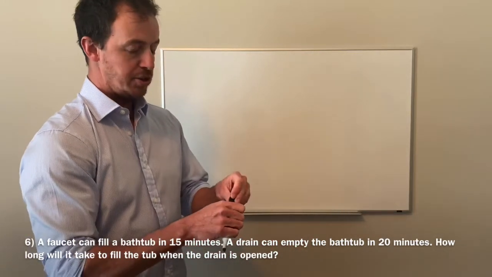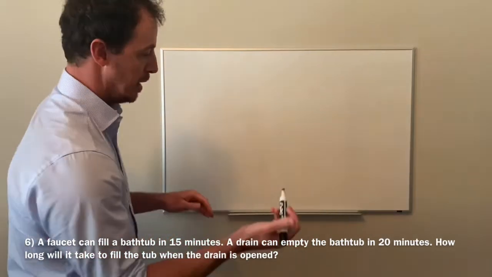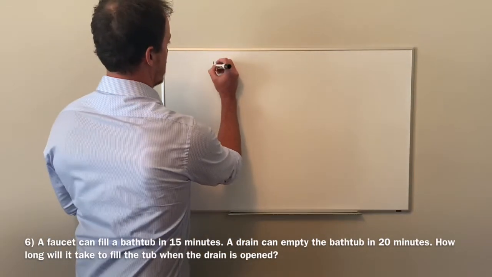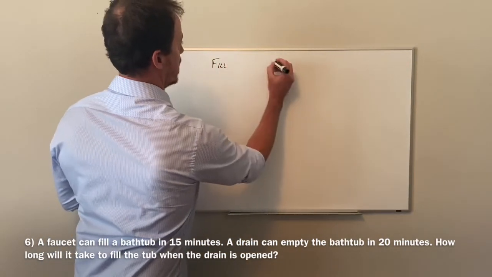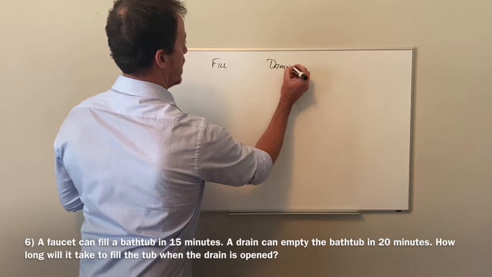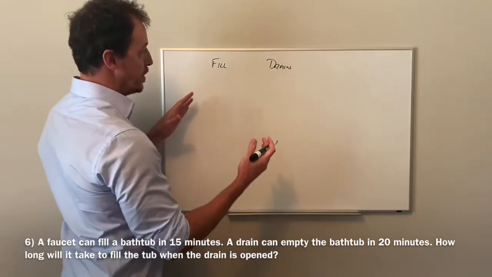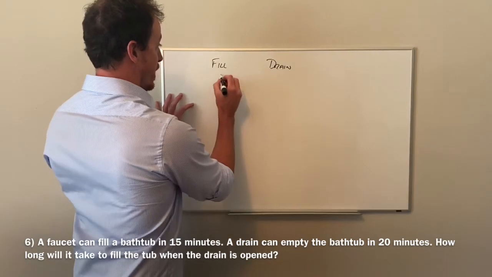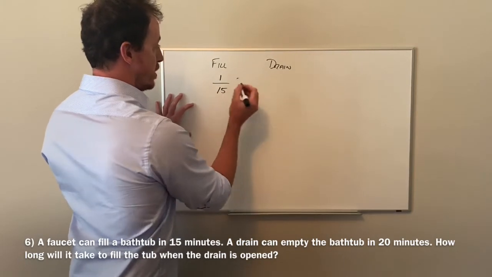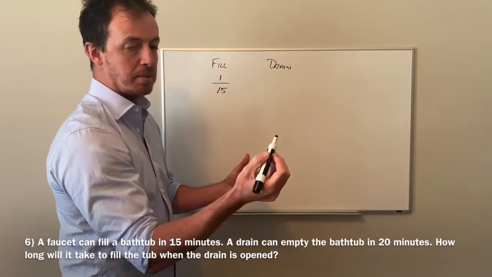So it should make sense that we can fill the tub, and we can drain the tub. It says the faucet can fill the tub in 15 minutes, so every minute it's doing a 15th of the job.